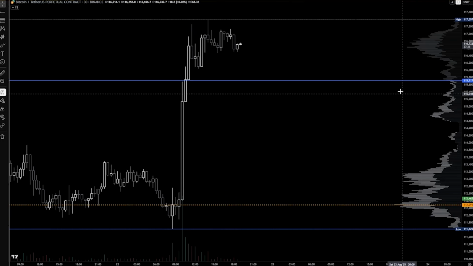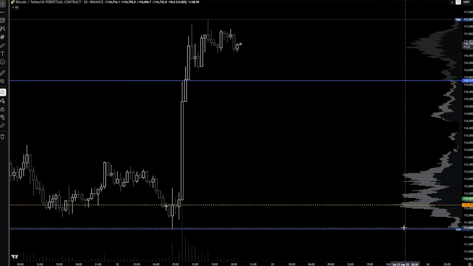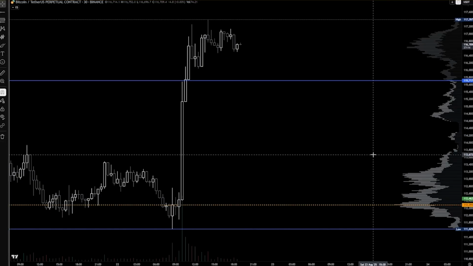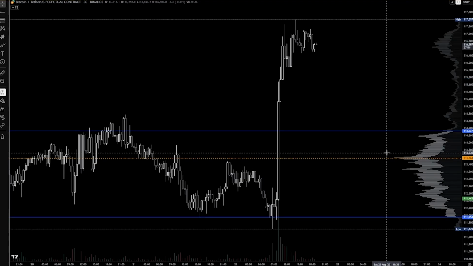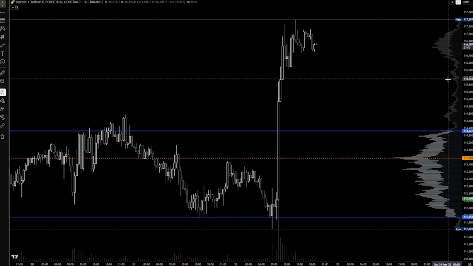Value area 70%, value area high, and value area low. And price behaves very differently depending on whether we are within value area or not. High volume nodes, more volume. Low volume nodes, less volume.